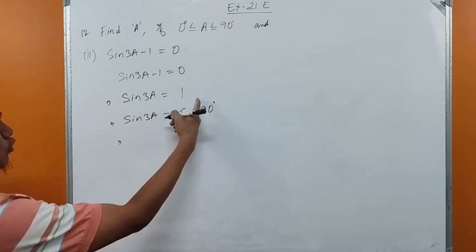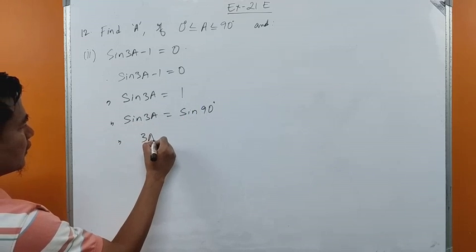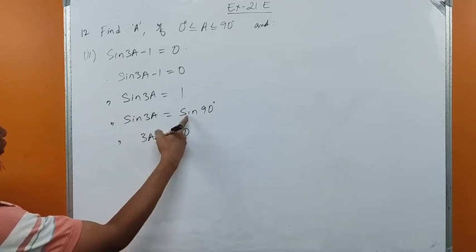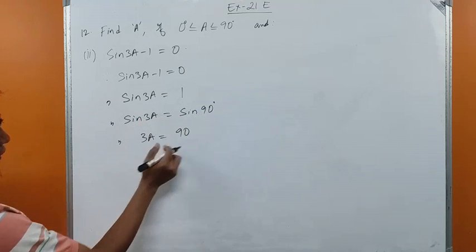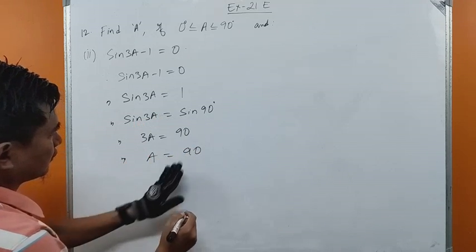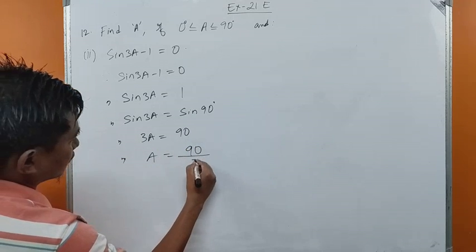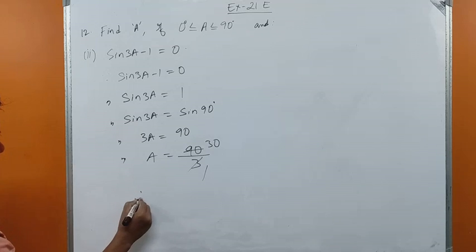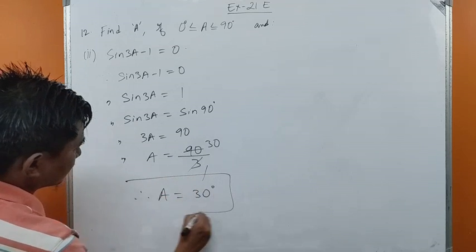We should not cancel this sin, we just leave the sin. 3A equals 90 degree. Sin is left from both the sides, so angle 3A equals angle 90 degree, or A equals 90 upon 3, this 3 comes down to the denominator. So 3 1s are 3, 3 3s are 9, 3 0 is 0. Therefore the value of angle A is 30 degree.